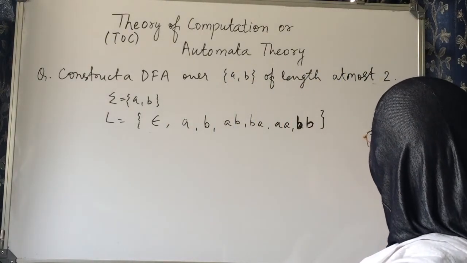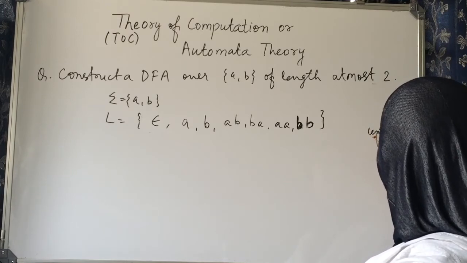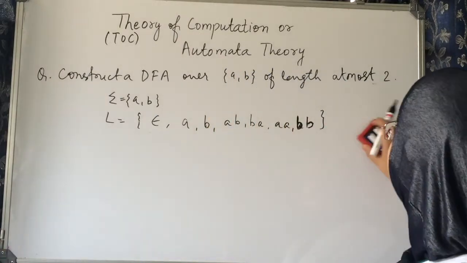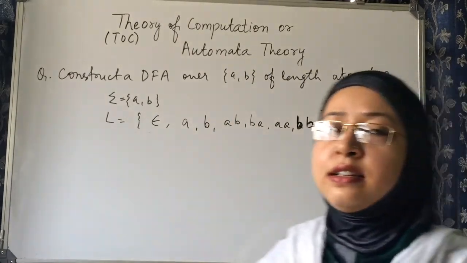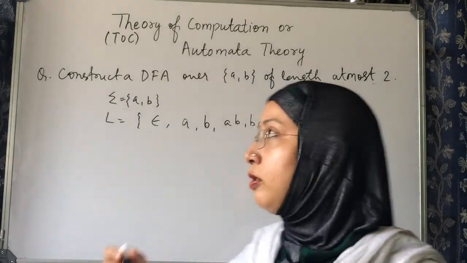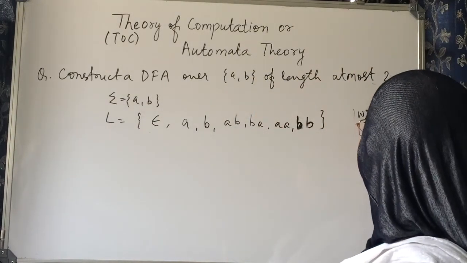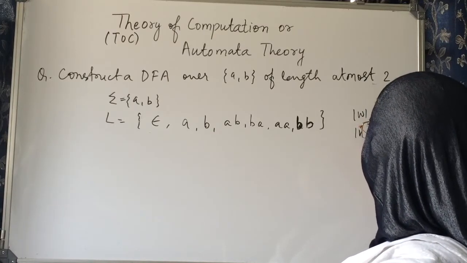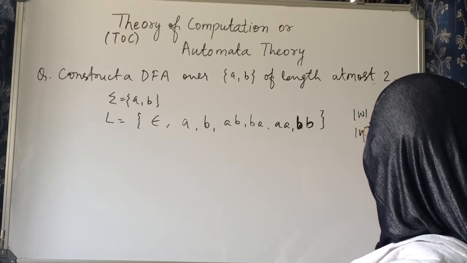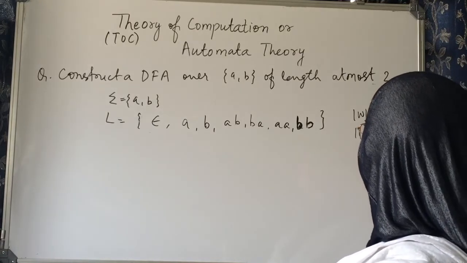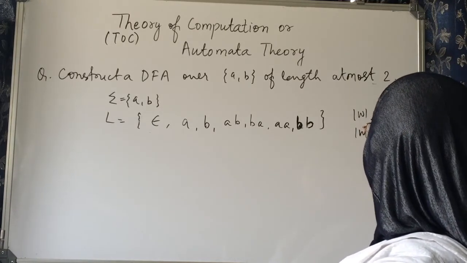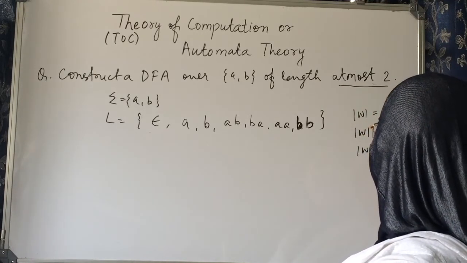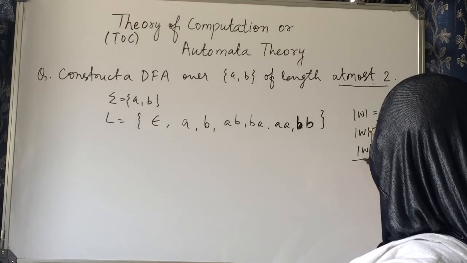Length 2 means I can write like this. We can write string, we say strings, word also. So in the first question the length of your word was 2. In the second question, the length of your word is greater than or equal to 2, and here in this question the length of your word is less than or equal to 2.